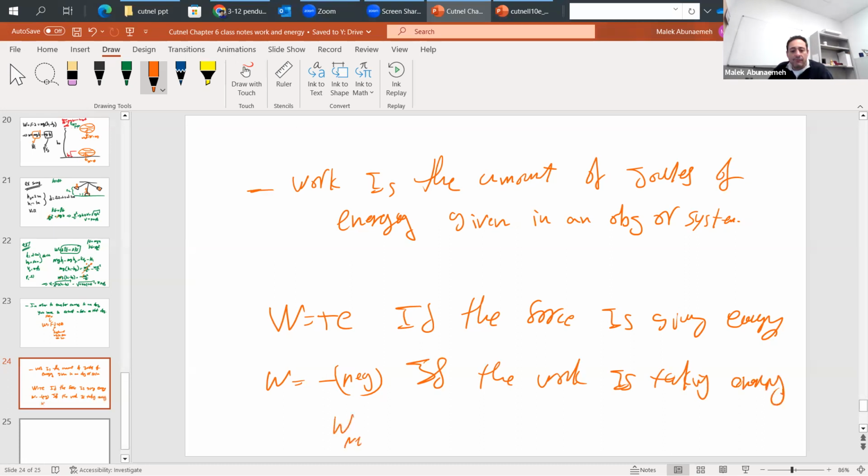Your net work is going to equal the first work plus the second work plus the third work, etc., which is your net force times your distance.